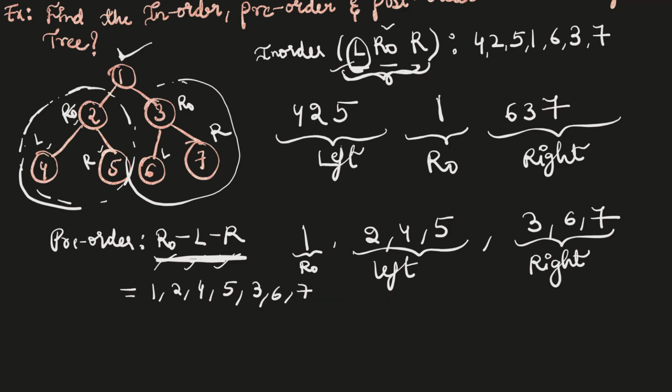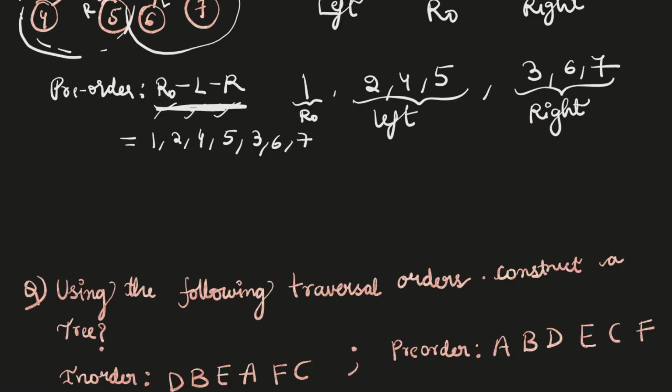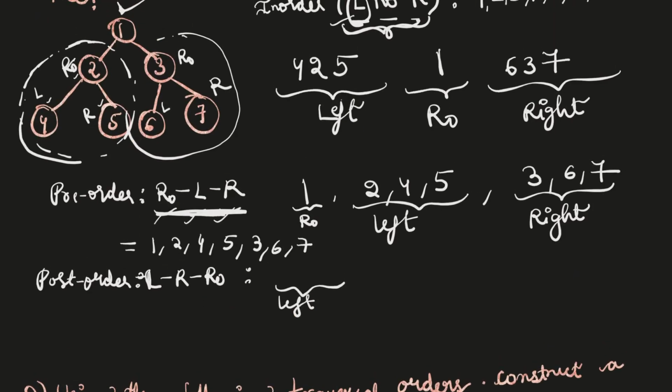Now coming to post-order. Post-order is nothing but the root would come at the end. So left, right and root. Now let's write the left part over here. When you compare it, 1 is obviously the root.